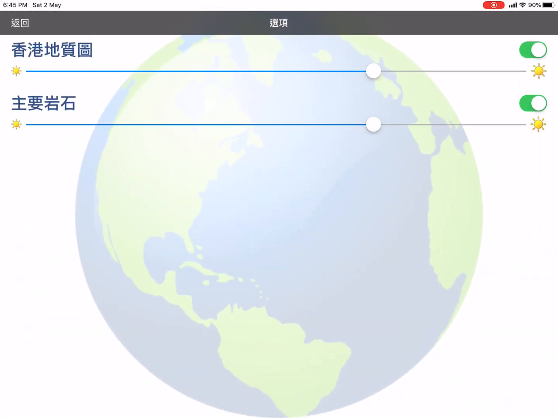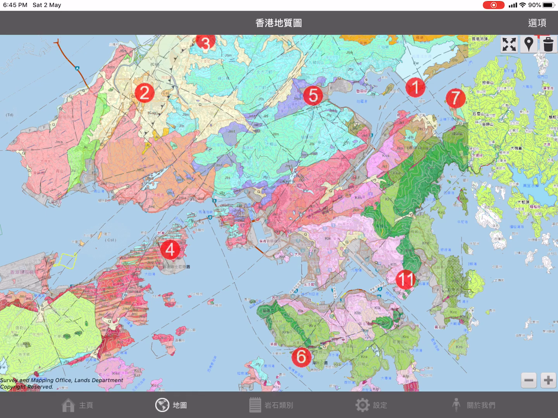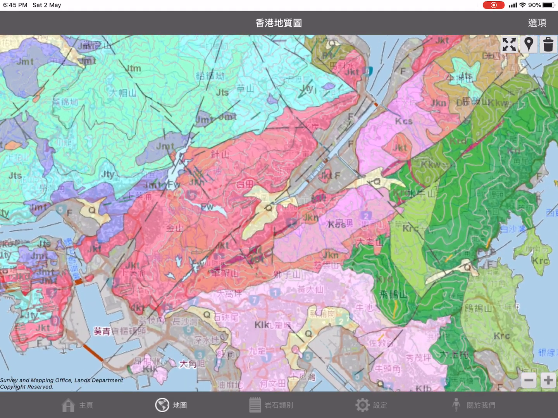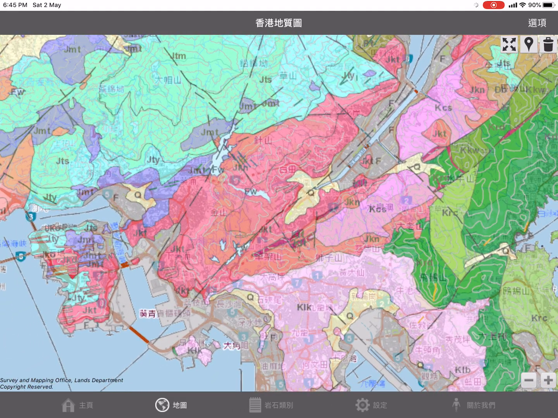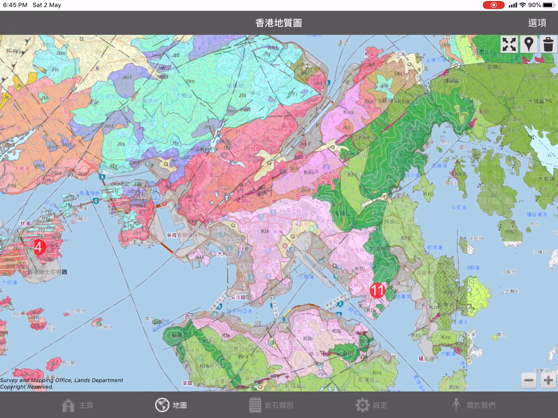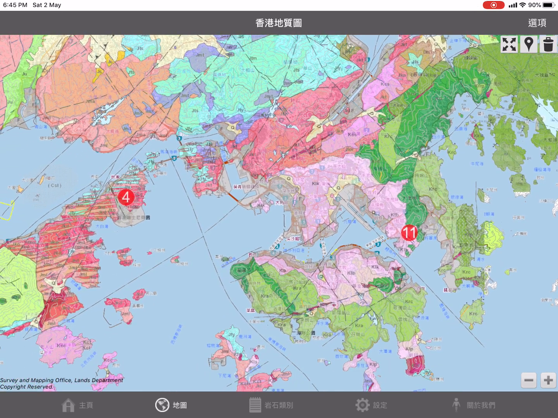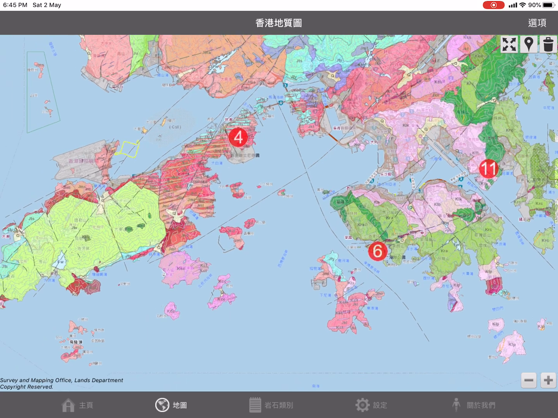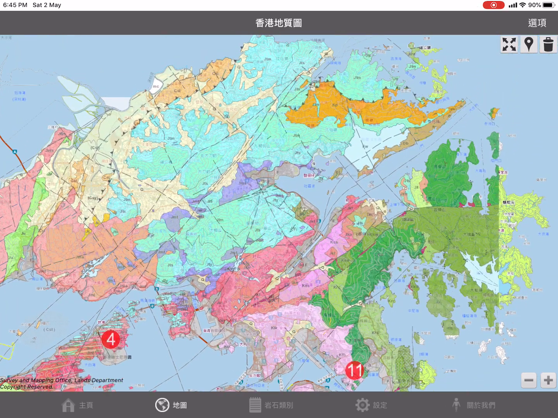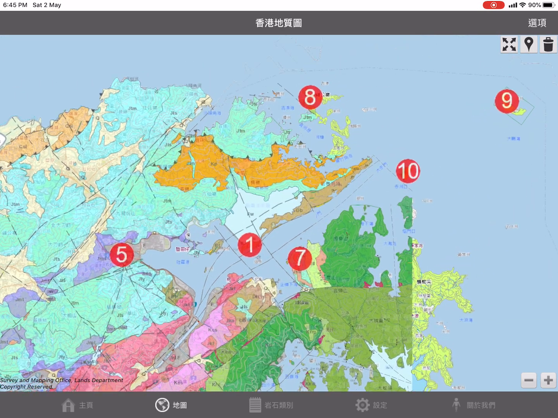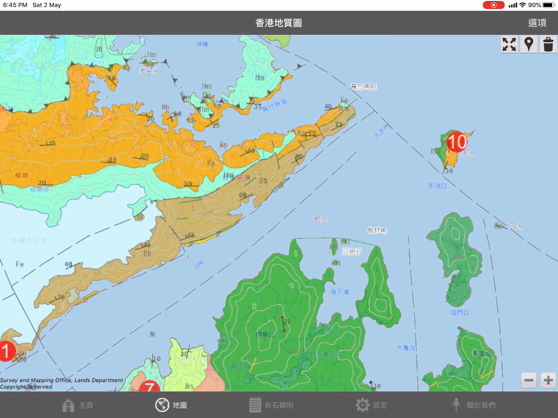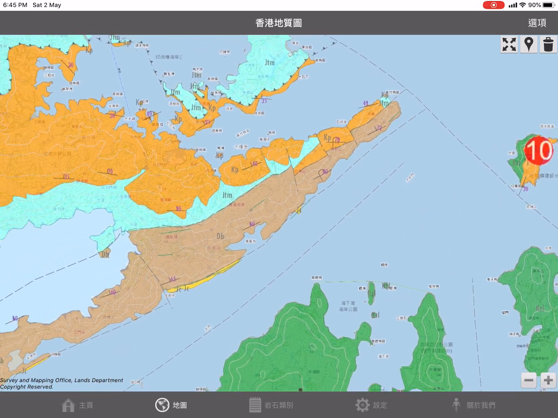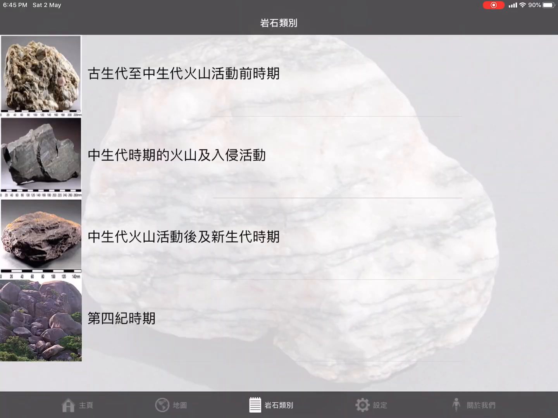You can see the red one is mostly granite, and the green one is mostly tuff and rhyolite, those kinds of extrusive volcanic rock. How about the sedimentary rock? It looks like this, yellow in color.